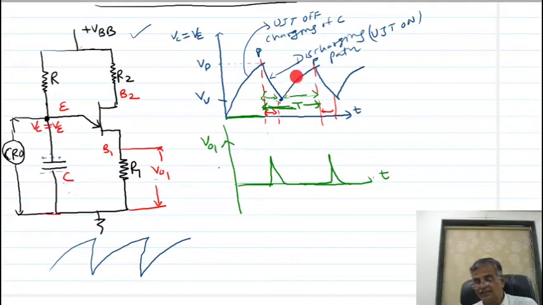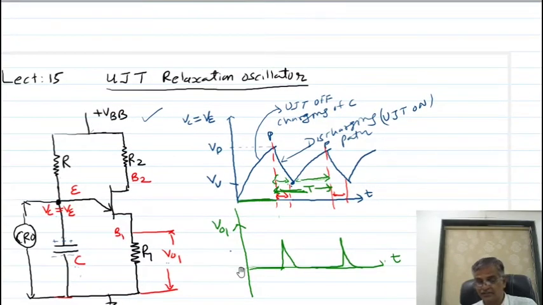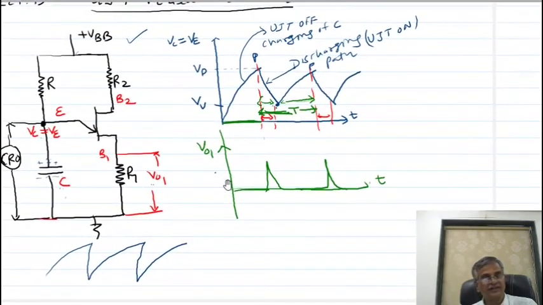So while it is going from valley point to peak point, the UJT takes rest. Due to this reason, this is called a relaxation oscillator.